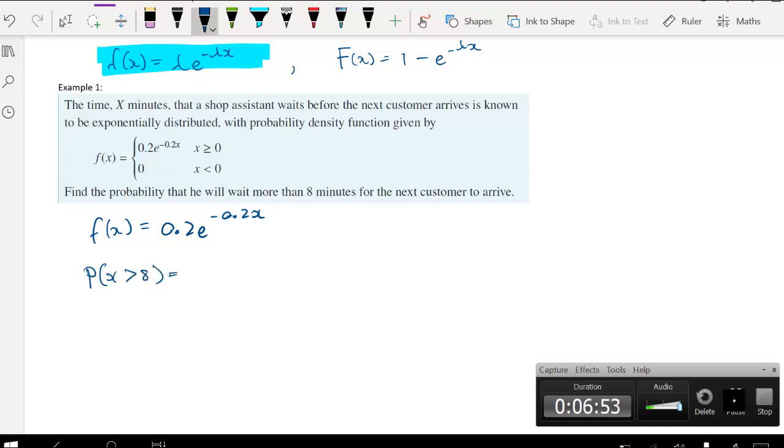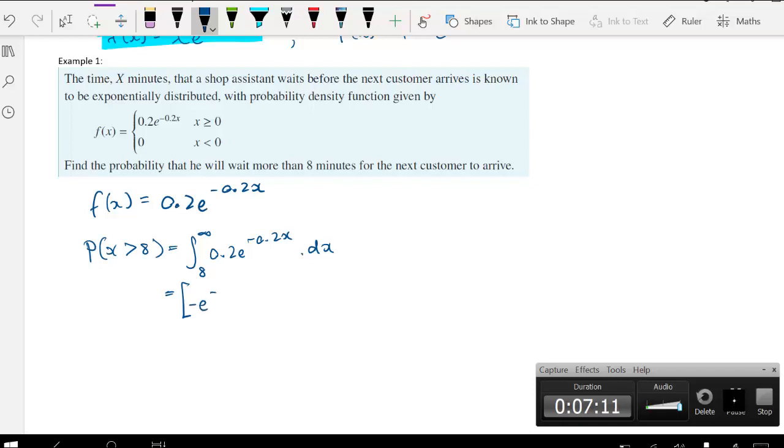And so this can be calculated by the integral between 8 and infinity, so more than 8, of 0.2 e to the negative 0.2 x with respect to x. And so that is negative e to the negative 0.2 x between 8 and infinity, or the limit as k approaches infinity of negative e to the negative 0.2 x between 8 and k.